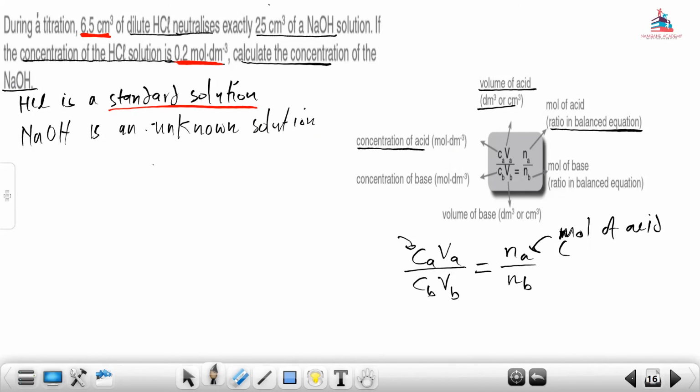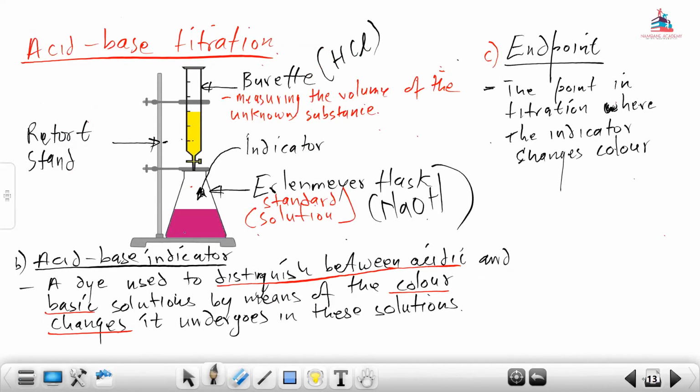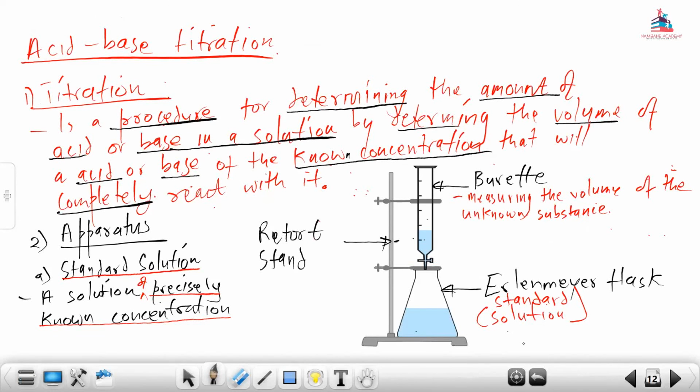So if I were to set up the apparatus like this, then my standard solution in this case will be the HCl, and my unknown substance in this case will be sodium hydroxide.